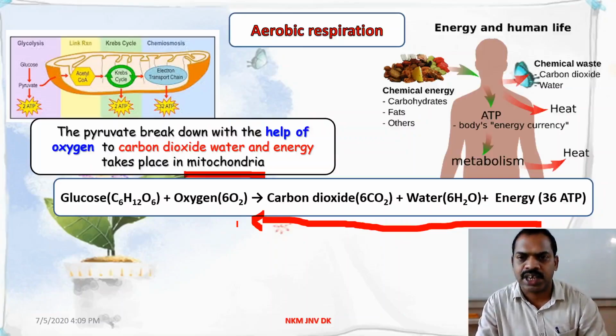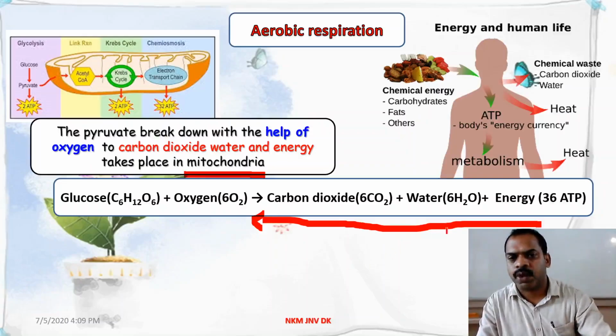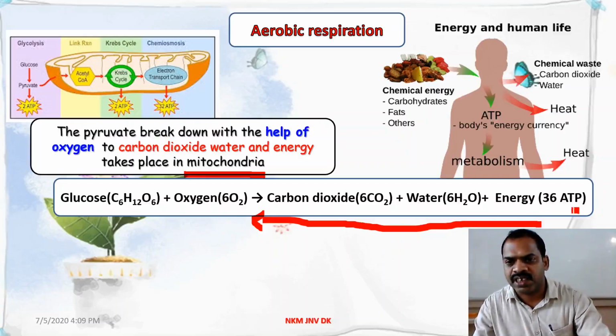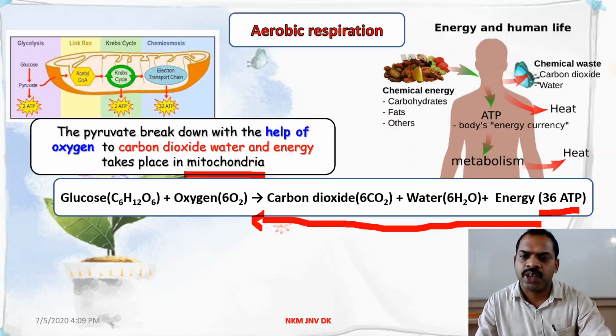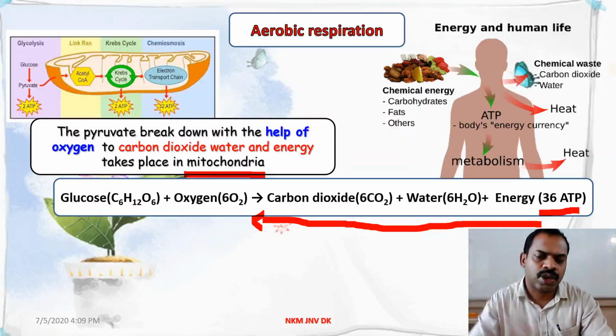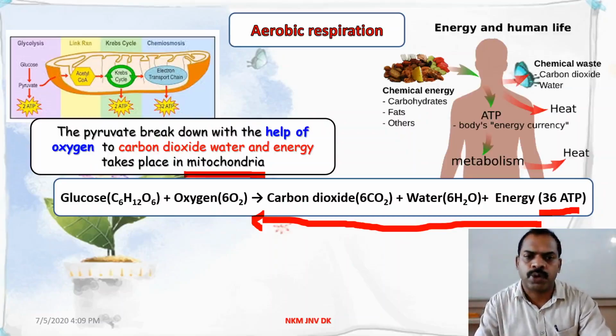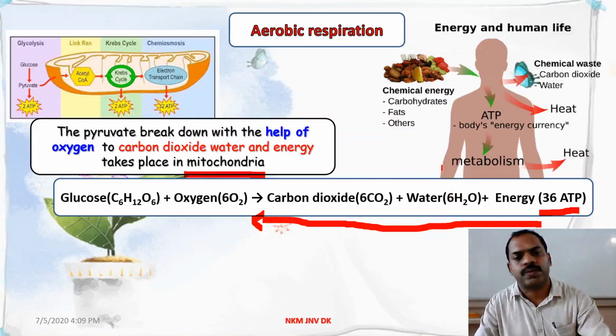You have already studied ATP. But you see the amount of energy produced here is 36 ATP. What about yeast? Only 2 ATP. An aerobic organism is able to produce 36 ATP from one glucose molecule.